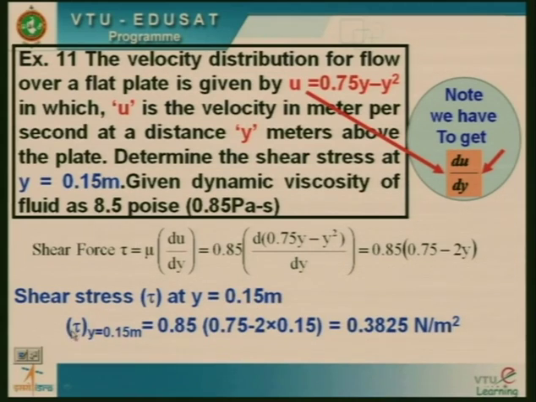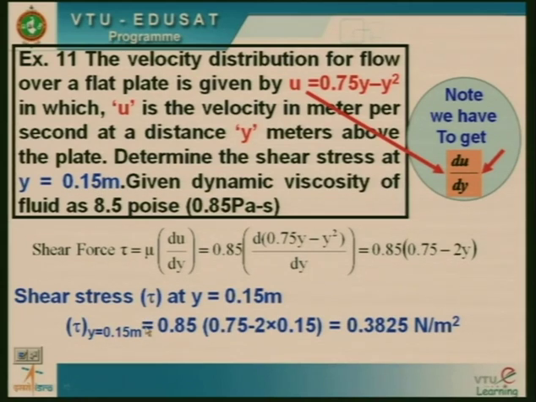I designate as tau bracket y is equal to 0.15 in the subscript. I repeat again, the shear stress at 0.15 can be obtained by substituting the value of y in this equation as 0.15, or at the desired point wherever is given.